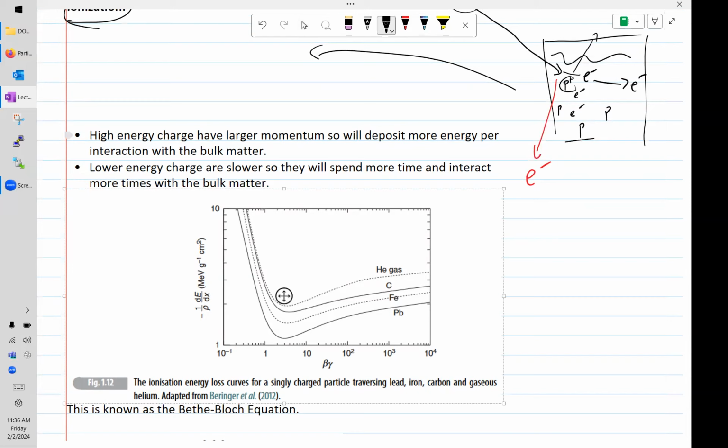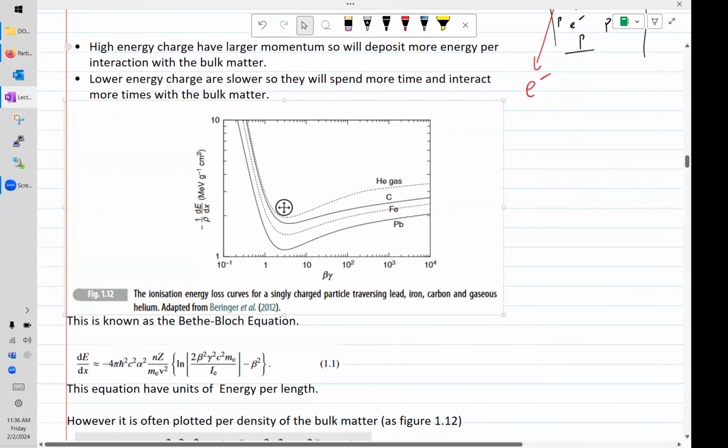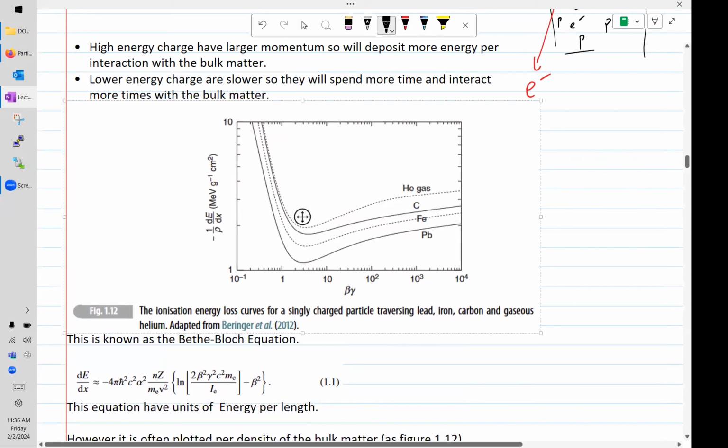Okay. What I'm going to do is show you this plot even before the equation, because the equation is just going to be confusing. This is known as the Bethe-Bloch plot. What's described here is how much energy, dE/dx, is lost by the particle as it travels through a particular material, maybe helium gas, carbon, iron, lead, right?